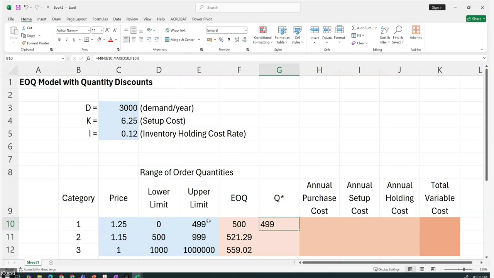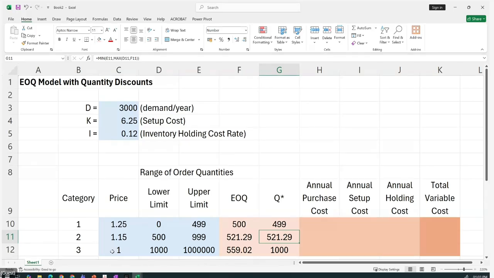The upper limit itself is only 499, correct? So if I am going for category 1, I have to order only 499. If I go for category 2, what is the minimum that I have to order? 500. However, this is the optimal order quantity. Since the optimal order quantity is lying between that range, I will order the optimal order quantity.